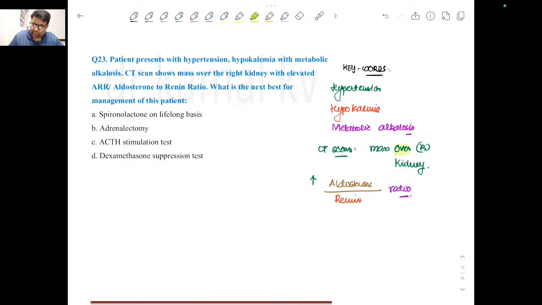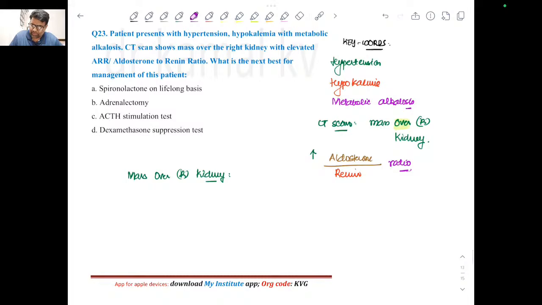Now, if we go with the clues, number one, mass over the right kidney, as the CT scan is suggesting to us, and it means there is some adrenal pathology, because the adrenal gland is the suprarenal gland. So it means there is some problem related to the adrenal gland.